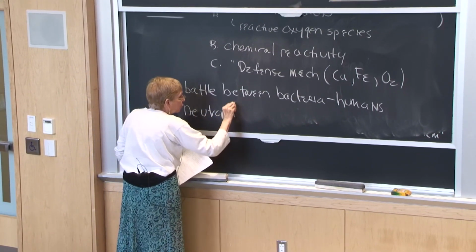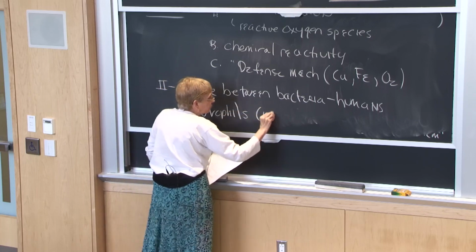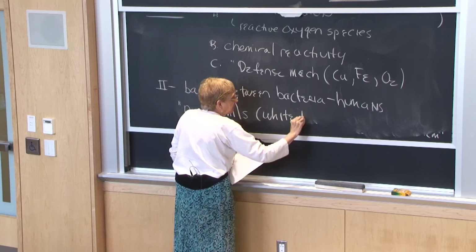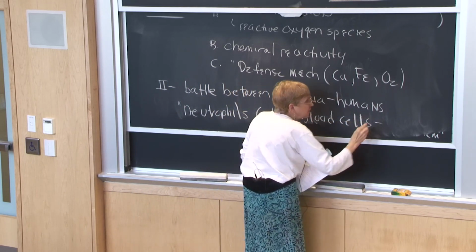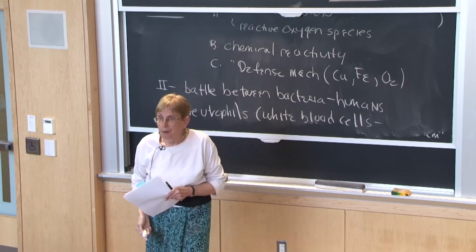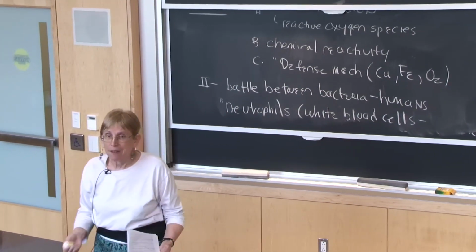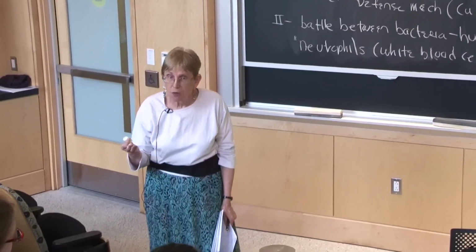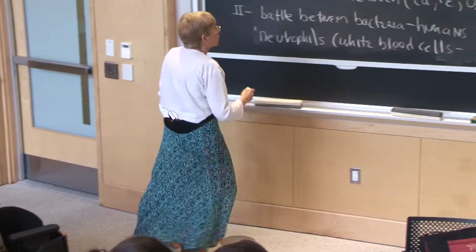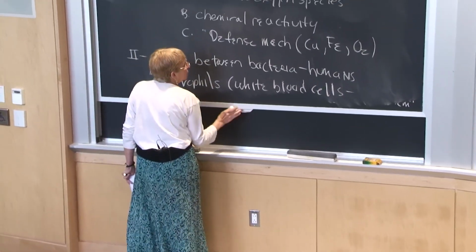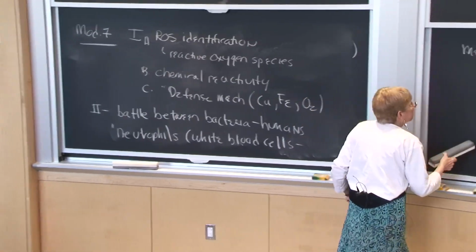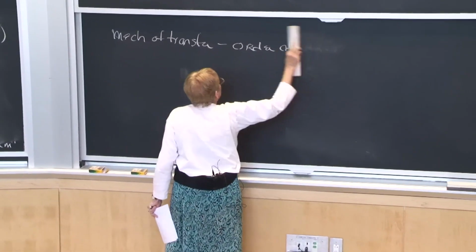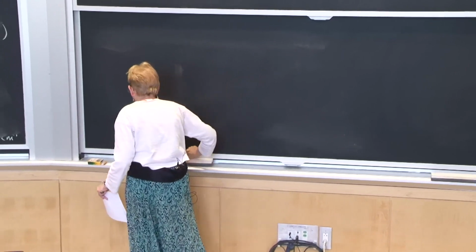And we'll see that neutrophils are white blood cells, and that they're the first responders. So if you have a bacteria in our bloodstream, the first guys there are the neutrophils, and that's what we're going to focus on. So neutrophils are the first responders.